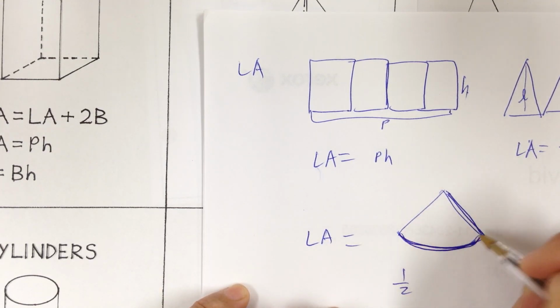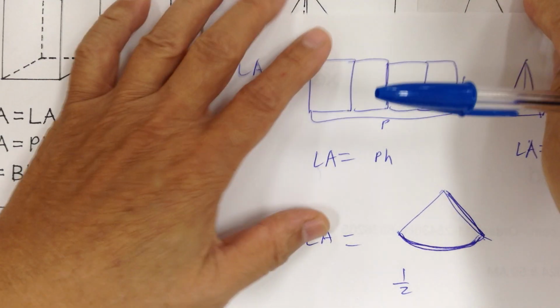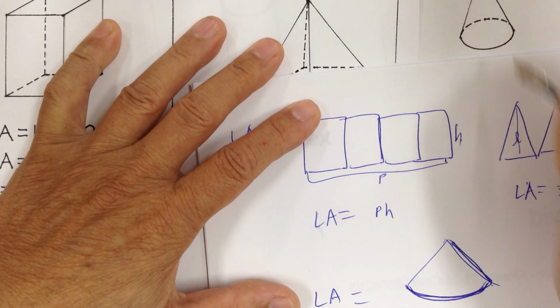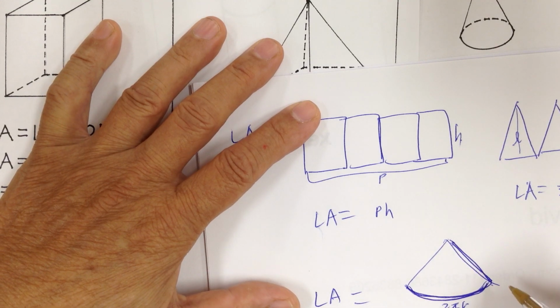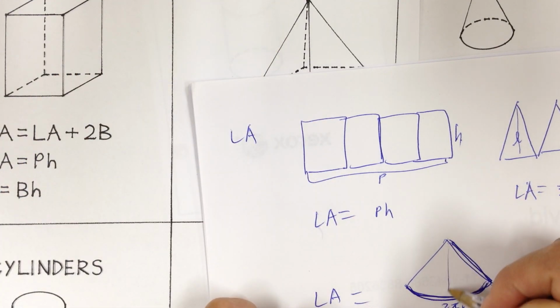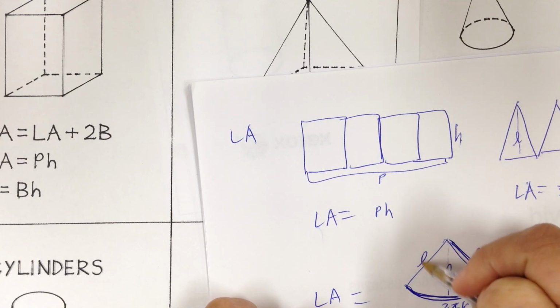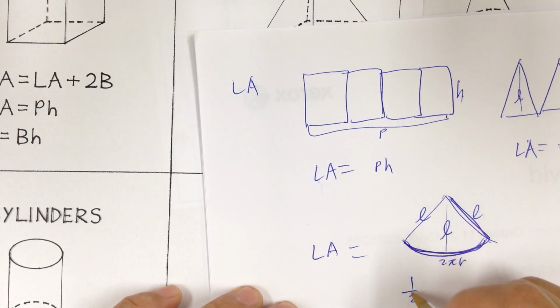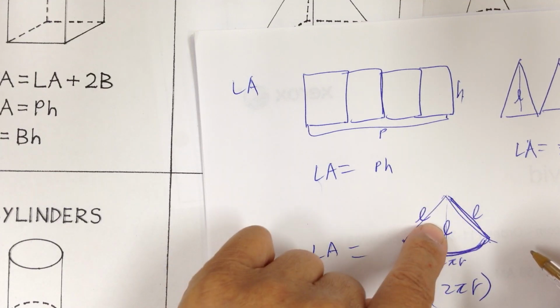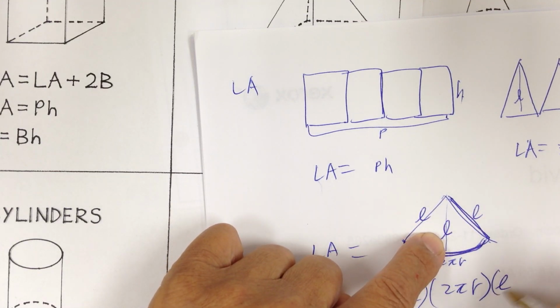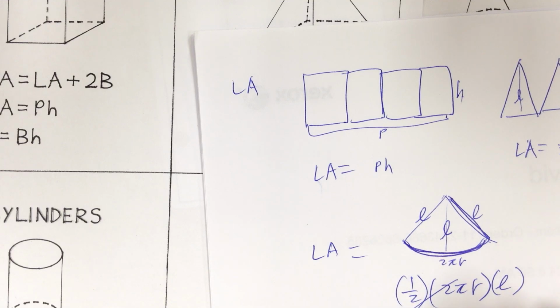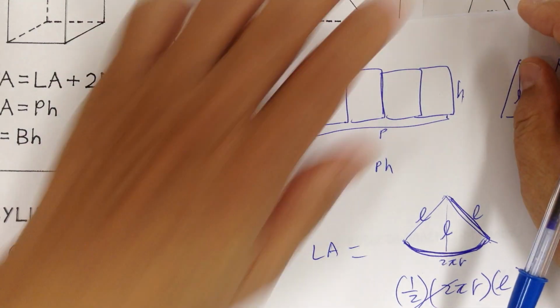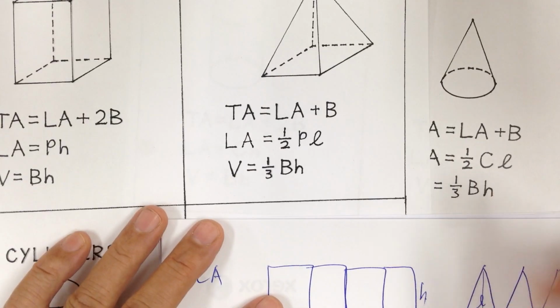In this case, the base is the circumference of the circle, so it's 2 pi r. And the height is L, the slant height of the cone. So it's equal to 1/2 times 2 pi r times L. Notice this cancels out, and that's how you get pi r L. That's the formula in the book, but over here I'm just going to use 1/2.